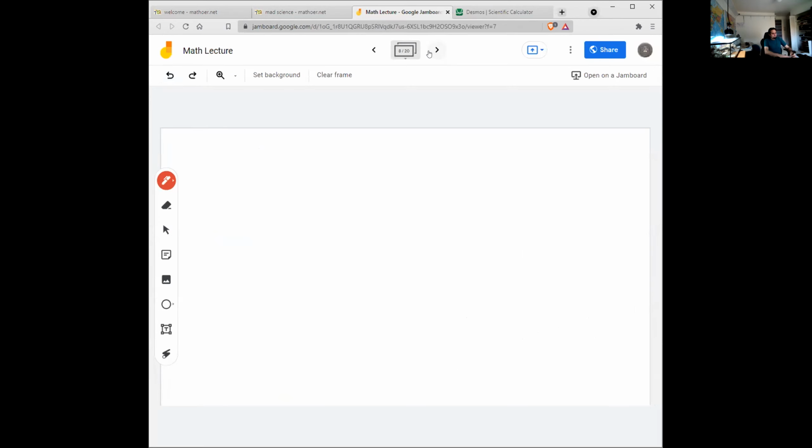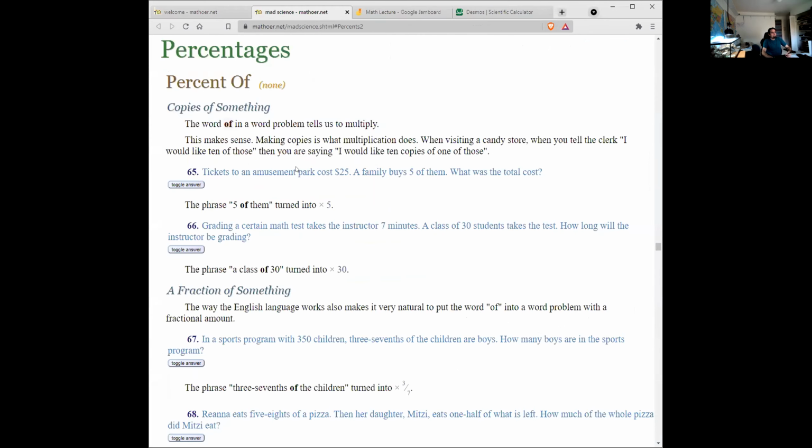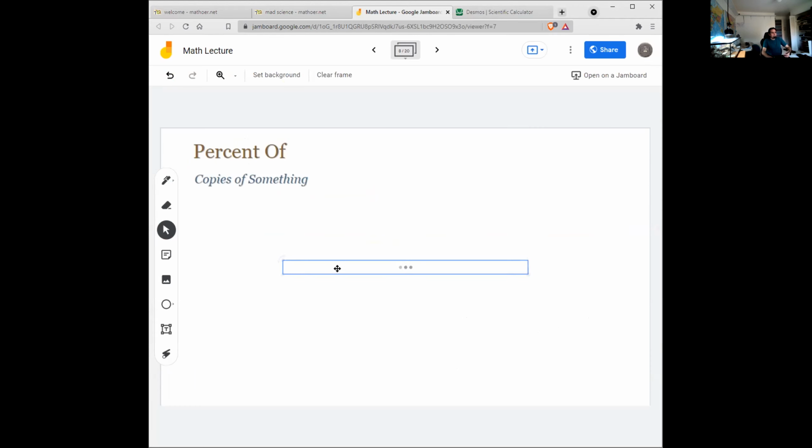If I am using the simplest type of word problems, we'll have percent of something. That's just saying in the Math 20 textbook, there's nothing there. Okay. So the word of means multiply. You know that, you've done lots of word problems.